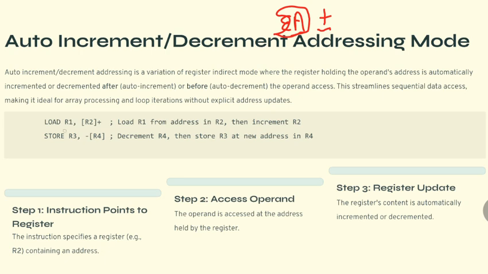Here is an example: load r1, r2 plus. The plus is a post operation. First, whatever address is available in r2, my effective address, from that address it will fetch the data and load it into r1.